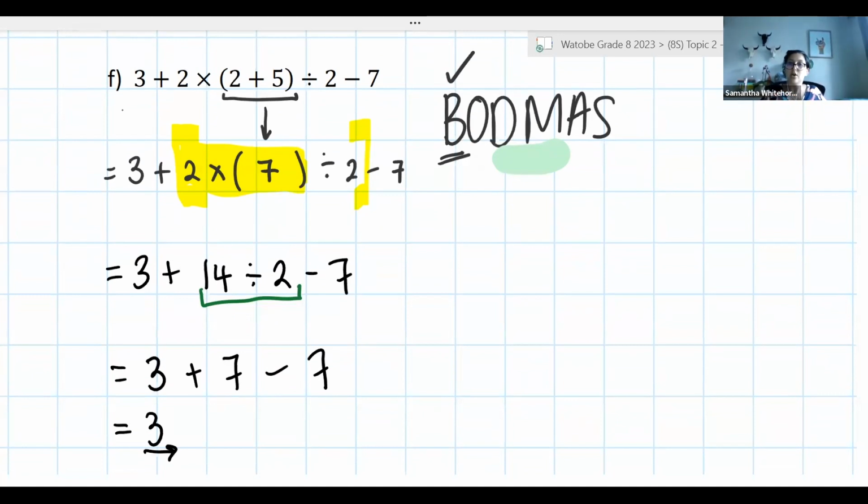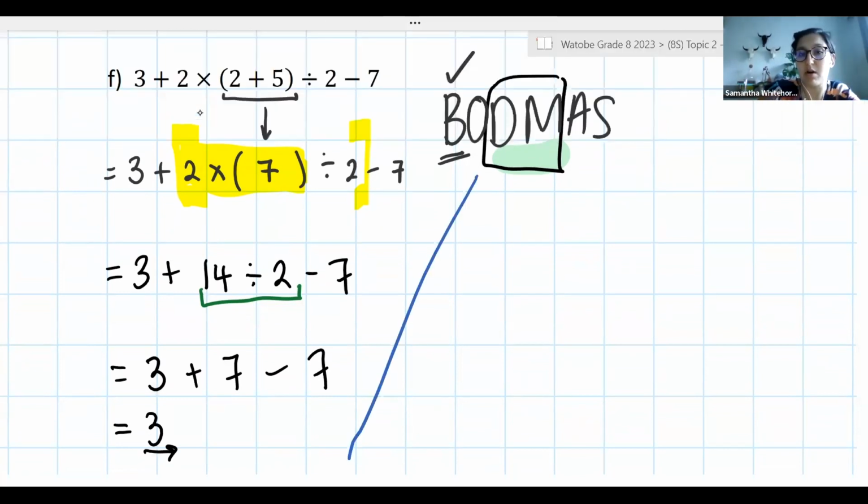Okay, so Fancy, I'm not too sure what you mean when you say we must follow BODMAS. We did follow BODMAS. Yes, we did the multiplication first, but remember I said earlier on, multiplication and division have the same level of importance. If you want to do the division first, that's fine. It's just going to end up with a fraction, but you're going to get the same answer. So if you start with 3 plus 2 times, and then you do 7 divided by 2, 7 divided by 2 is 3.5.